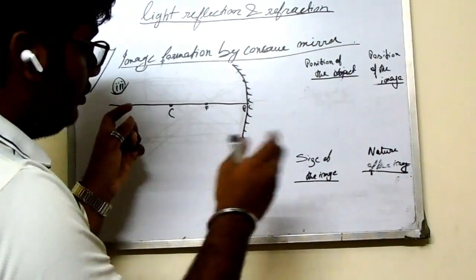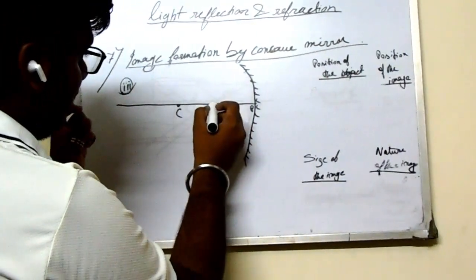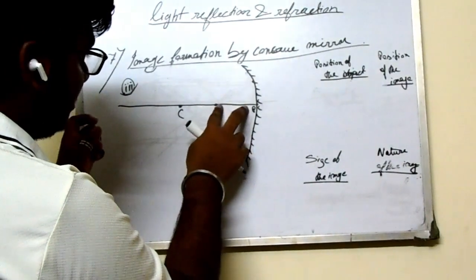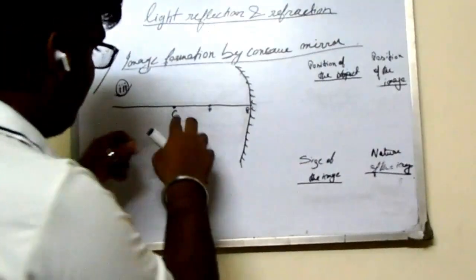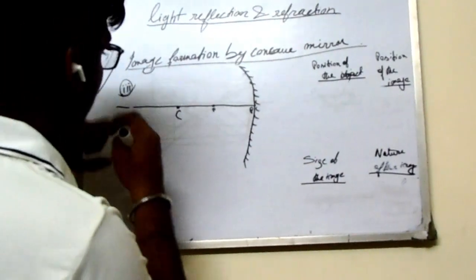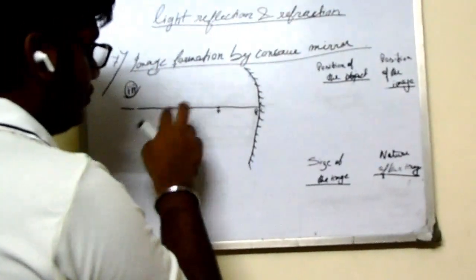Okay, it will not be like that. F will be here, the distance will be this, and the distance between F and C will be like this. C will be here. Equal distance should be maintained.